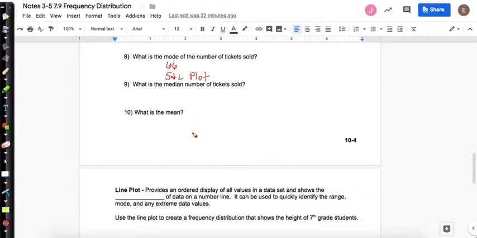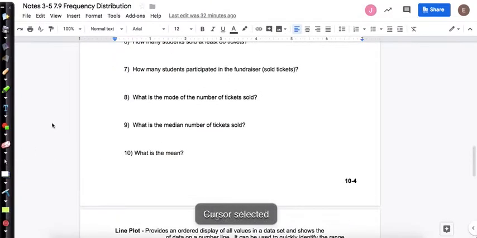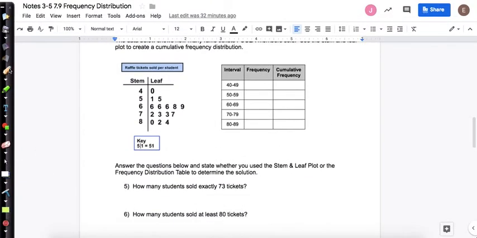Okay, what is the median number of tickets sold? So median is the middle number. So I'm going to come back up to the stem and leaf plot here, and we're going to cross out 1 from each end. So lowest, highest, lowest, highest. Do this with me. Lowest, highest, lowest, highest, lowest, highest, lowest, highest, lowest, highest, and that leaves 1 in the middle.